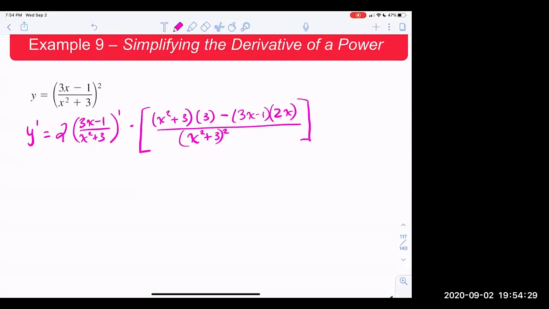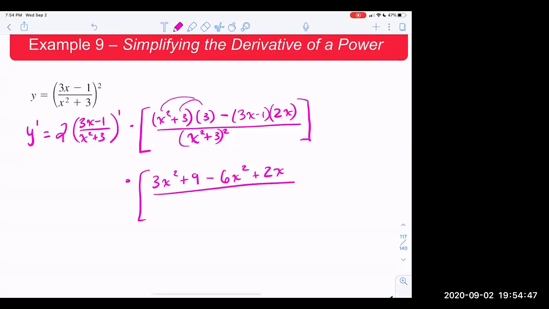I think we can just distribute and all that goodness in here. So we'll have 3x squared plus 9 minus 6x squared plus 2x all over x squared plus 3 squared. Okay, now we can combine some terms.